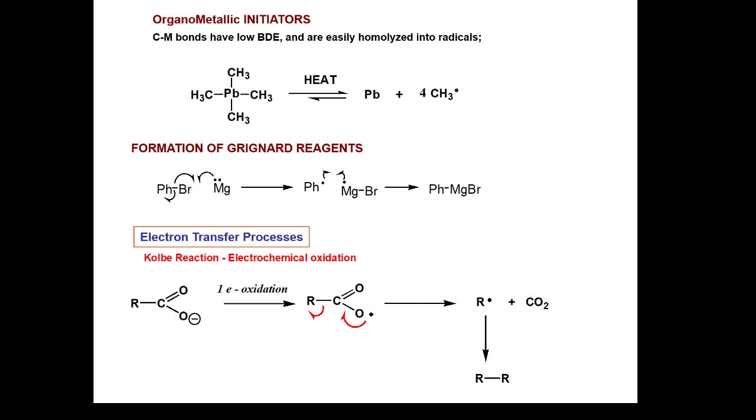So the formation of our Grignard reagent is actually free radicals forming and then bonding together to make our Grignard reagent. Right here, the phenyl MgBr is our Grignard reagent that we talked about at the beginning of our lesson today. What happens is the magnesium gets attracted to the bromine.